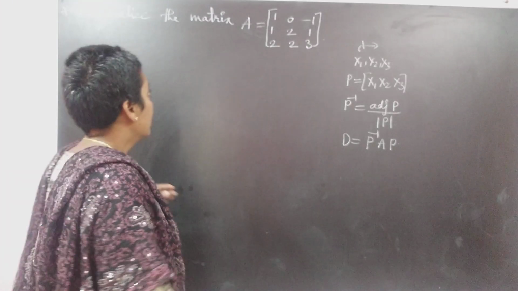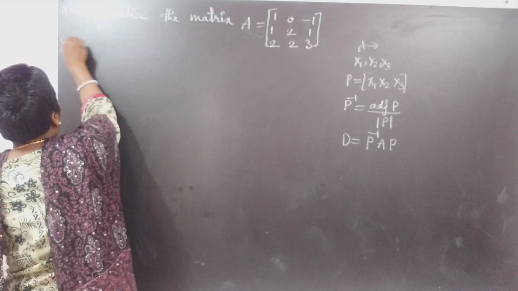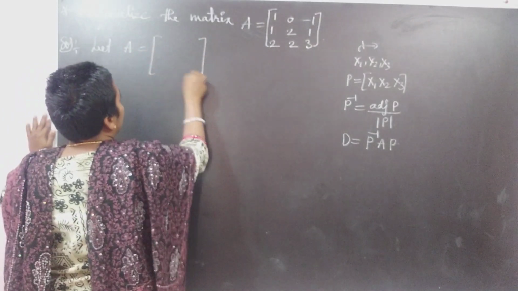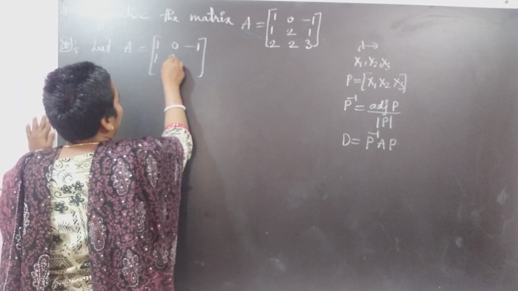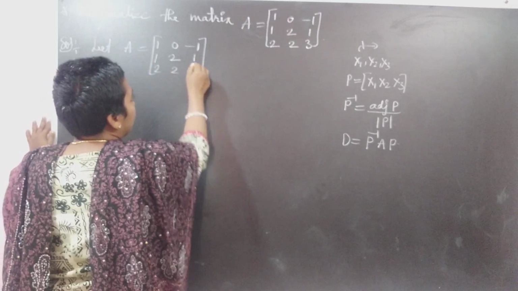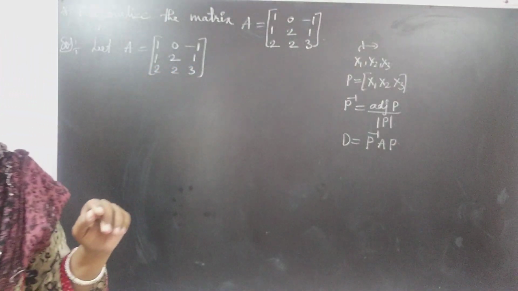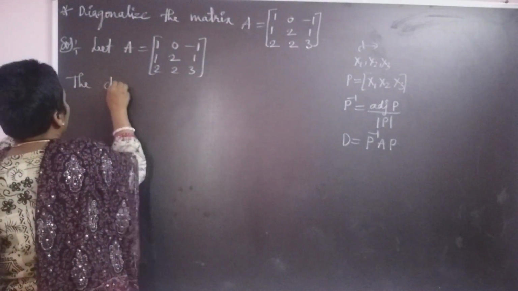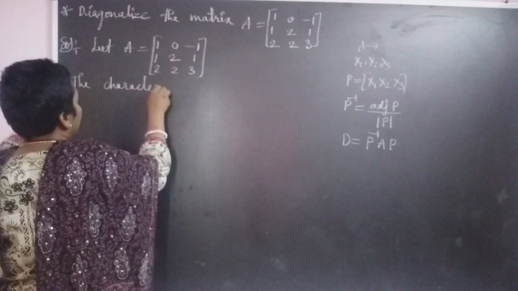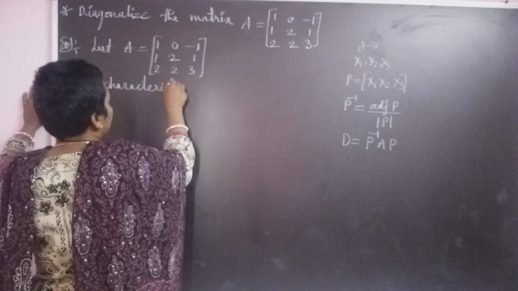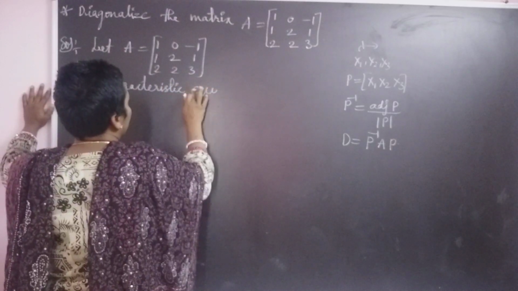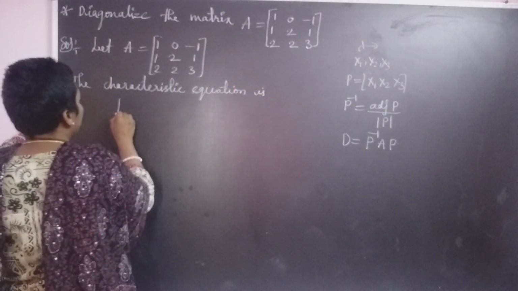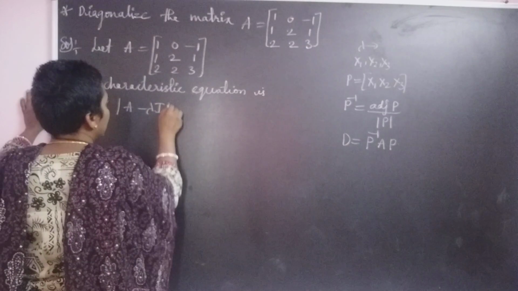First, I am taking the given matrix A. Let A be [1, 0, -1; 1, 2, 1; 2, 2, 3]. Next, we take the characteristic equation: determinant of A minus lambda I equal to 0.